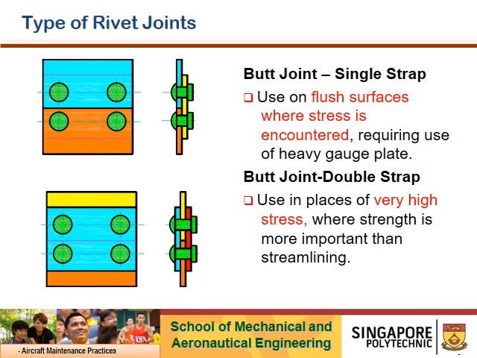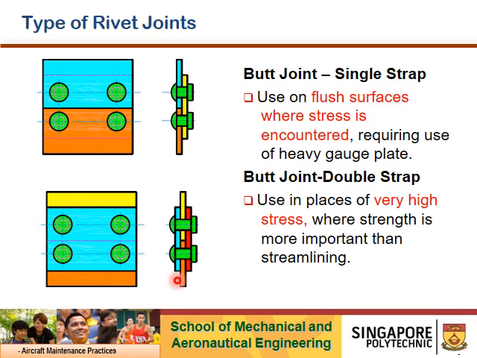The main difference is that this is a single stripe: you can see two pieces of sheet metal skin are joined by a plate. Compared to the double stripe, the two pieces of sheet metal, or aircraft skin, to be joined are sandwiched between two stripes.